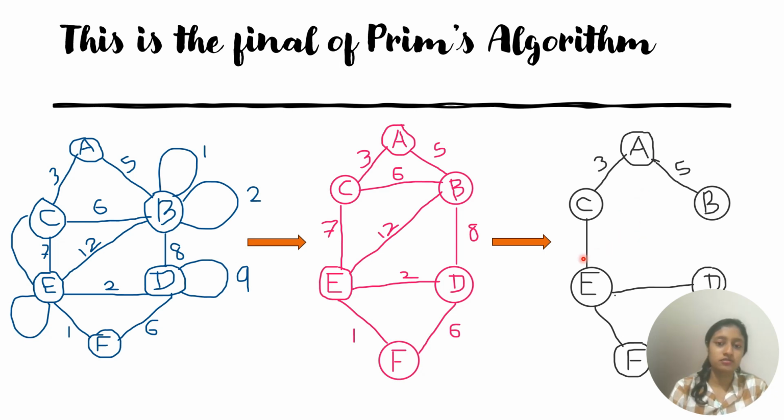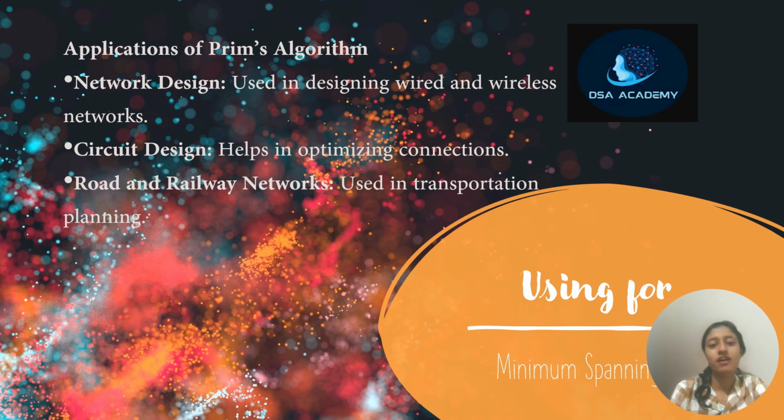Here you should have to put their weights. You must put their weight while you are drawing this minimum spanning tree. This is a summary of drawing minimum spanning tree. Okay.